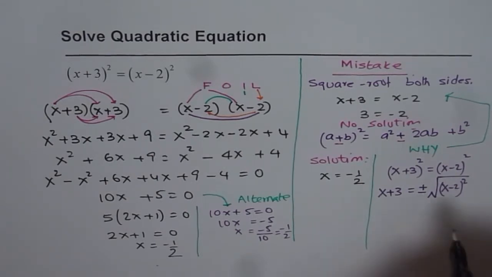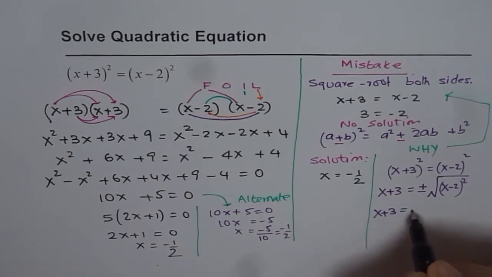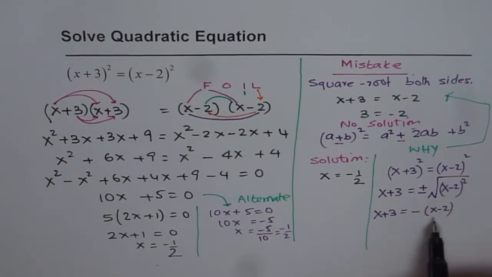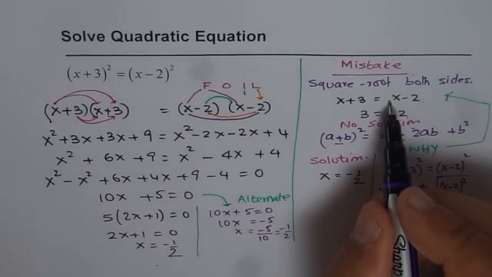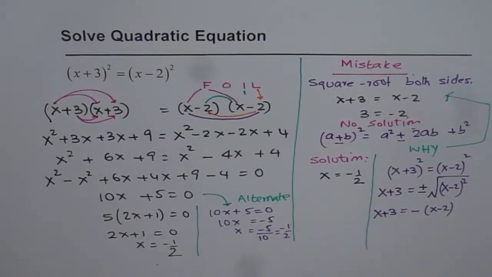If I use the negative value, then what do I get? I get x plus 3 equals negative of x minus 2, because the square root of this square will take us to x minus 2. Now that x minus 2 could be plus x minus 2, which we solved here, right? This was plus x minus 2, or minus. So if we use the negative value, then we get that answer. Do you see that?